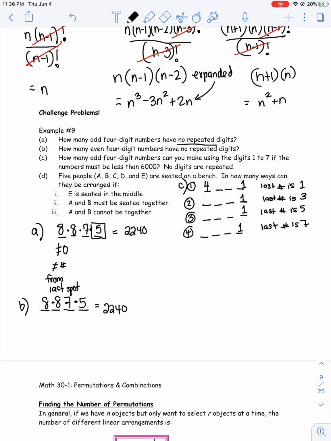No digits are repeated. So if the last number is a 1, we're allowed to use the numbers 2, 3, 4, 5.